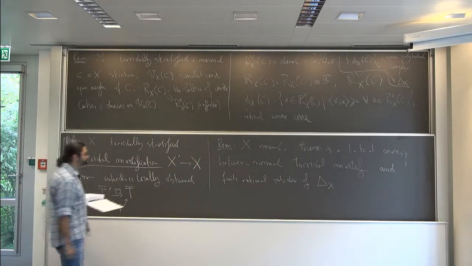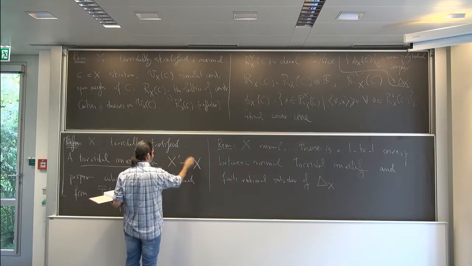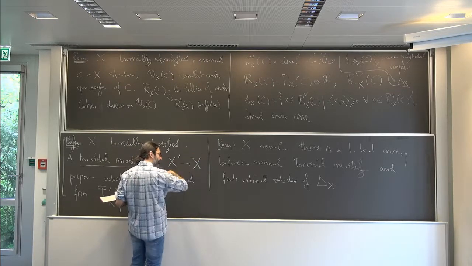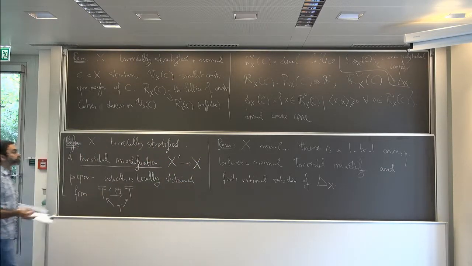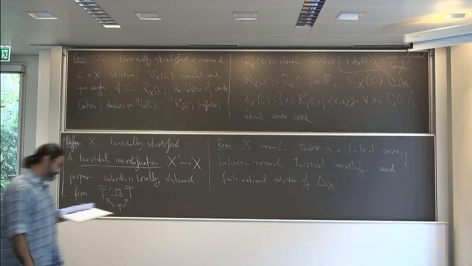So if X' is a normal toroidal modification, this map will induce a map from Delta_X' to Delta_X, and this map will be just a subdivision of the polyhedral complex. And there is a one-to-one correspondence between these two things.